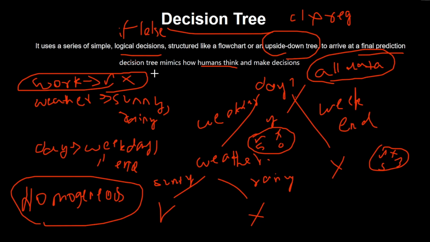It's not possible here, because we have both chances of yes and no. There, we can confidently say that the person will go, depending on the previous feature split.